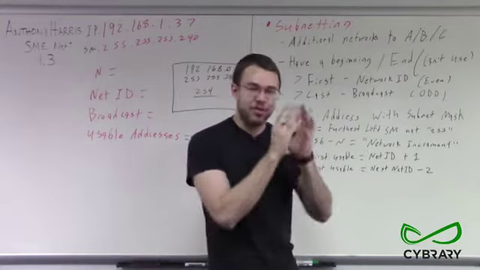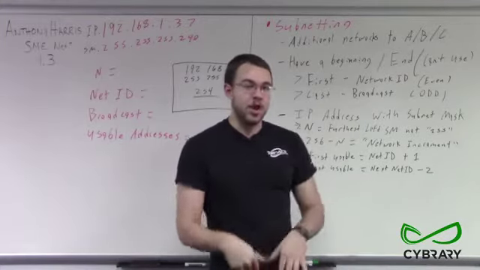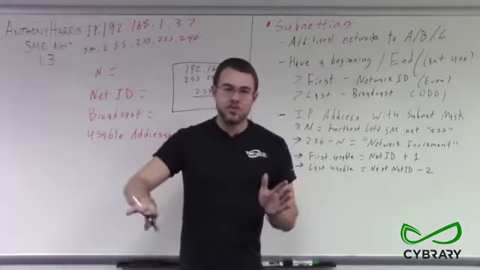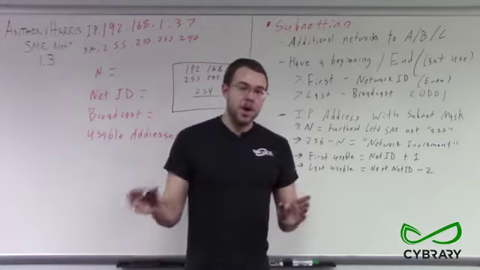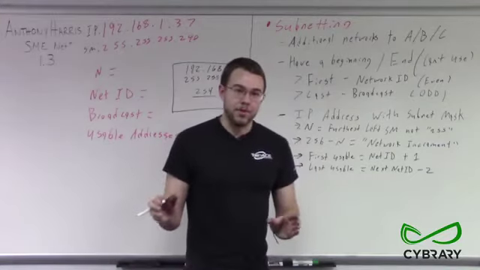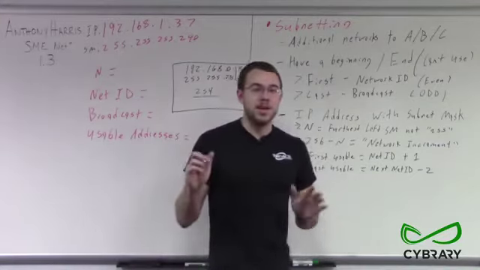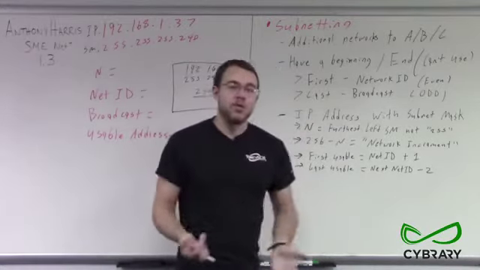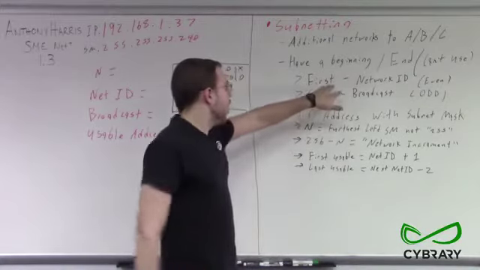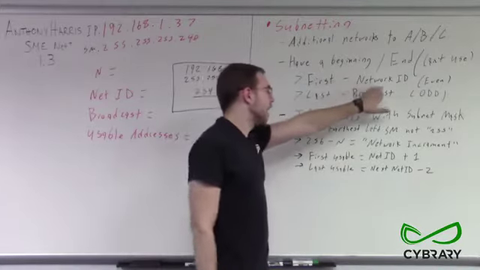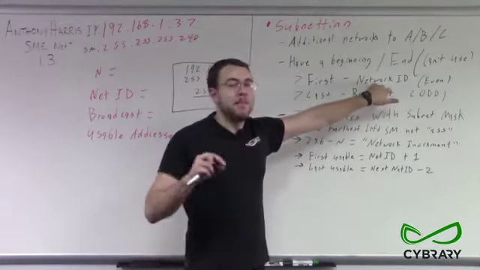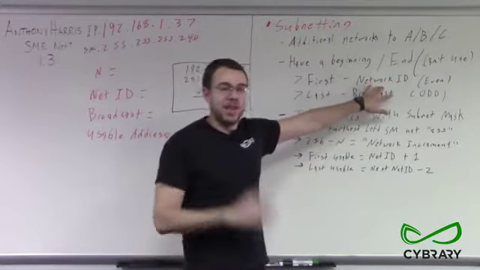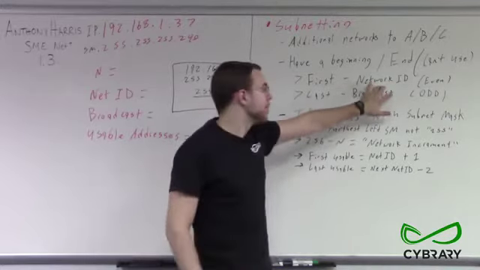The network ID just starts off our subnet and lets us know this is our first address, and all of these addresses until the end of my segment are going to be this particular subnet, the 192.168.2 subnet, or the 192.168.0 subnet. So our first address is our network ID. It cannot be assigned to a router or a switch or a computer or an iPad or a laptop, anything.